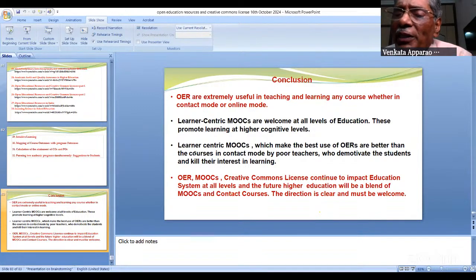Under the Copyright Act, you can publish what can be registered under it. All your books can be published under the Copyright Act. The author owns the copyright.